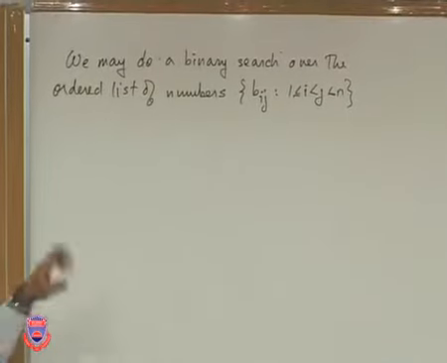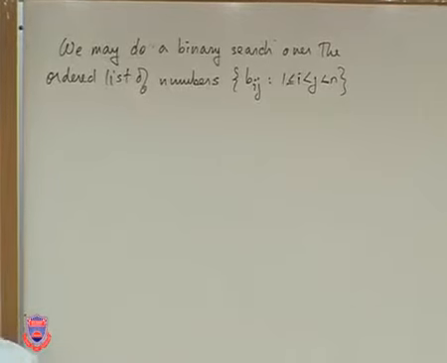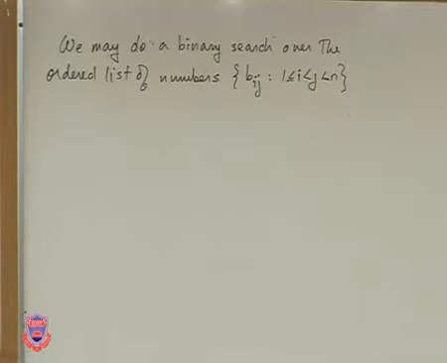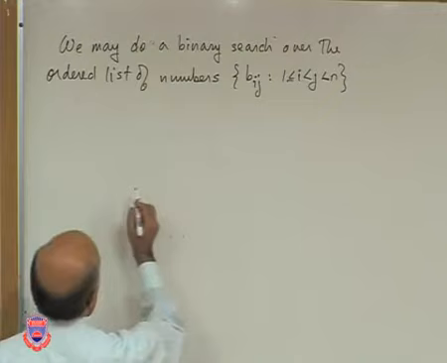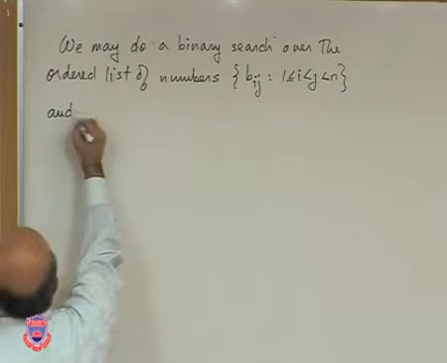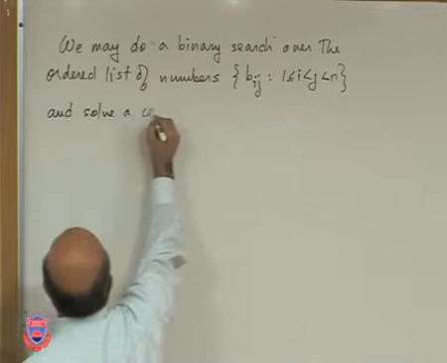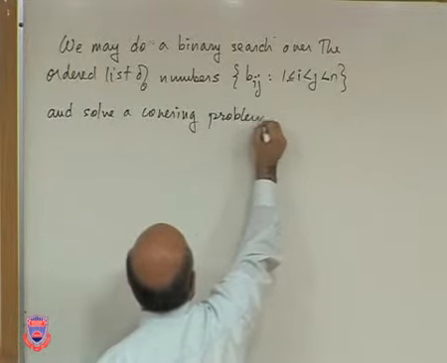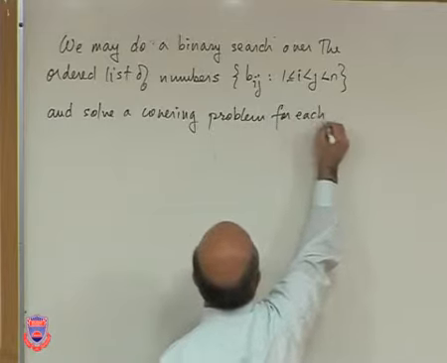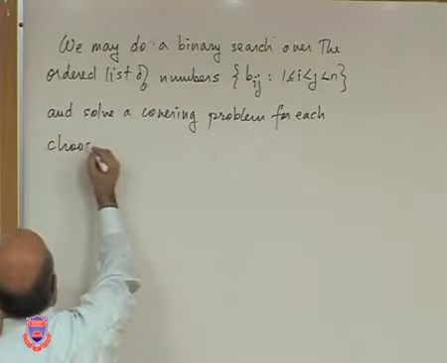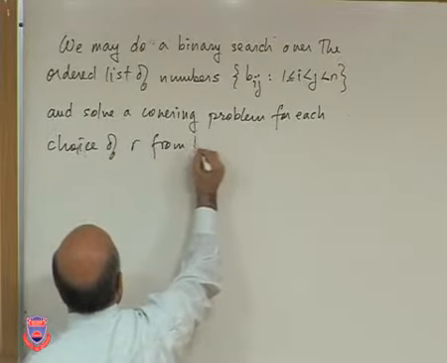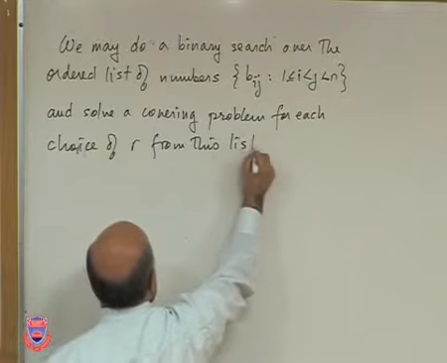So for that reason, you can put this into an ordered list from smallest to the largest in, say, non-decreasing order, and do a binary search and solve a covering problem for each choice of r from this list.